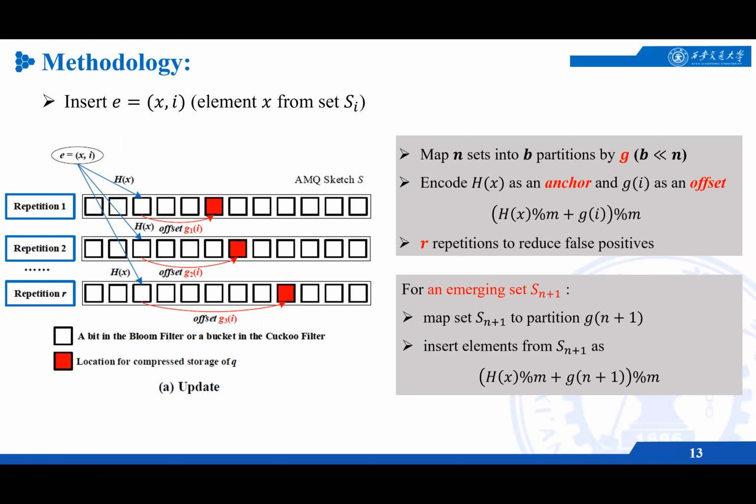To reduce false positives, we further use R independent repetitions. For an emerging set n+1, we first map set n+1 to partition G(n+1) and insert elements from set Sn+1 correspondingly.